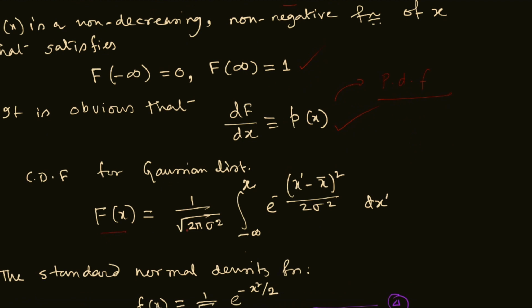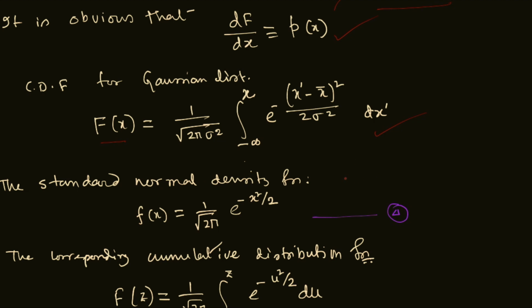The CDF for a Gaussian distribution can be written as capital F(x) equals 1 over the square root of 2 pi sigma squared, the integral from -infinity to x of e to the power minus (x prime minus x average) squared over 2 sigma squared, dx prime.